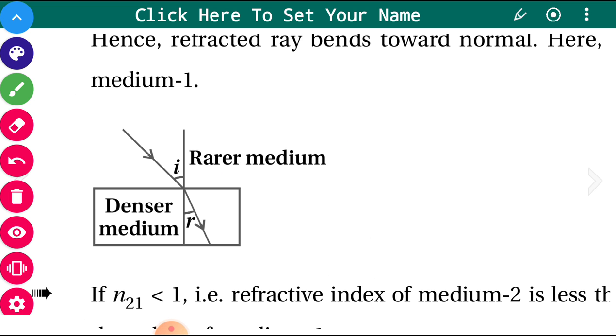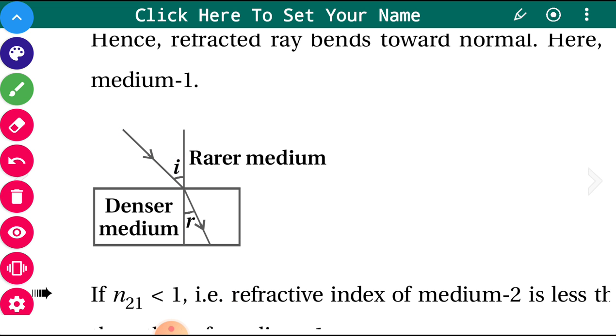You can see in this figure that the angle of incidence is more than the angle of refraction. So when this ray goes from a rarer medium to a denser medium, the angle of refraction is smaller than the angle of incidence, therefore it bends towards the normal in this medium.